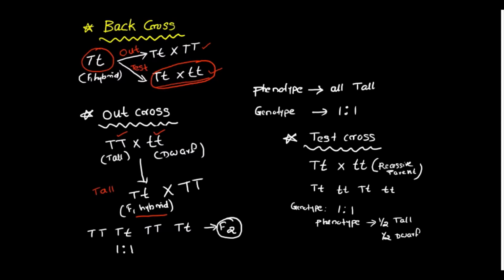That means capital T capital T. And we will get 50% offspring as capital T capital T and 50% offspring as capital T small t. So the genotypic ratio is 1:1.